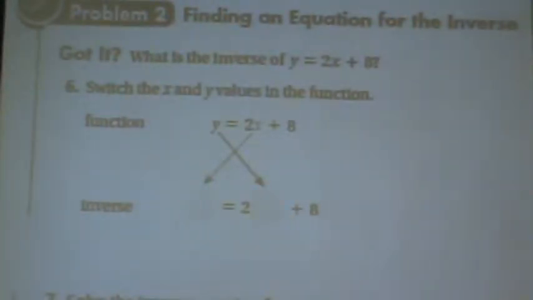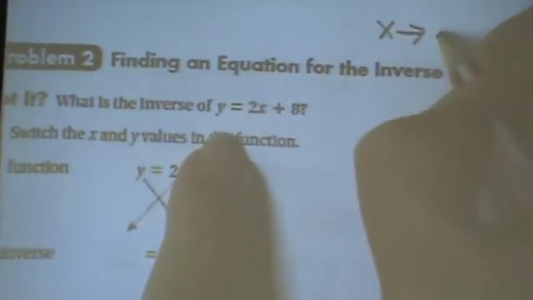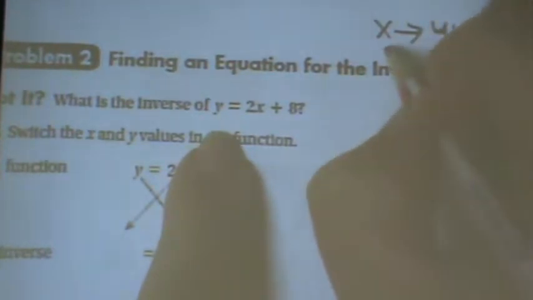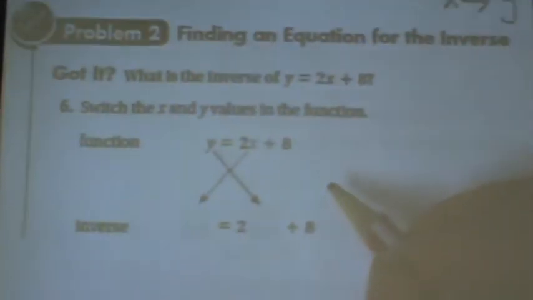Okay, let's do another example. Look at the back. If you're given a function or a relation with an equation, not a table now, how do you find the inverse of an equation? If you take the x values in a table and make the x value the y value, and the y value the x value, you do the same for an equation.